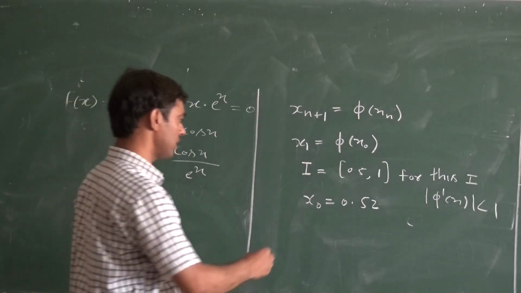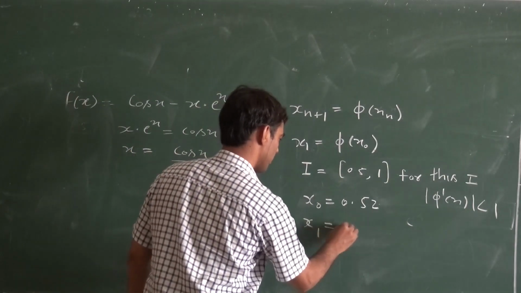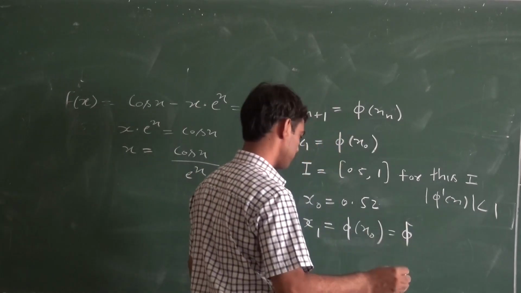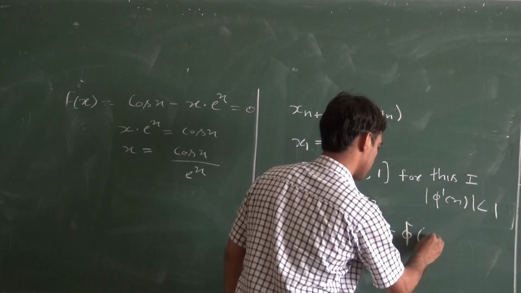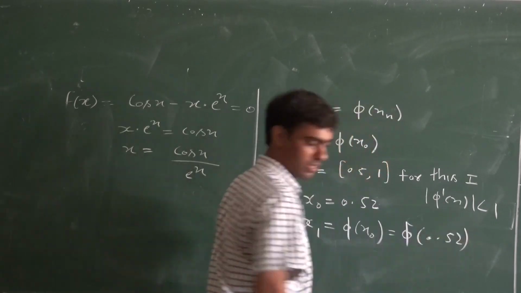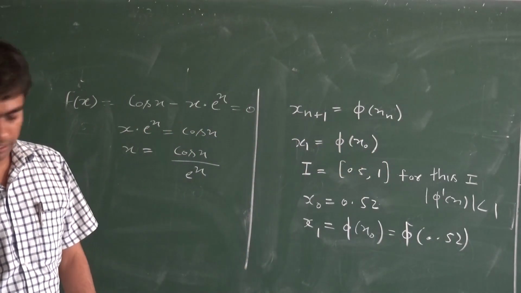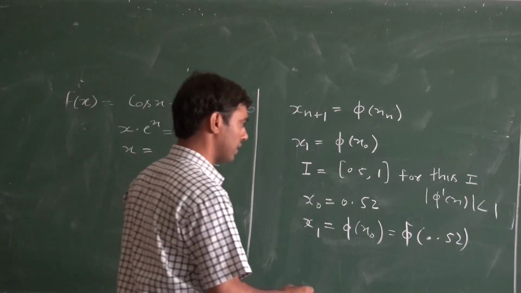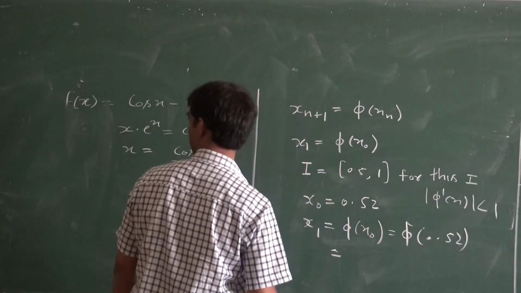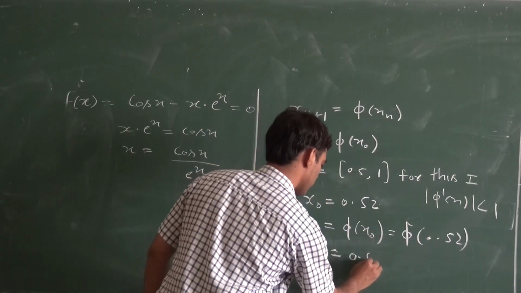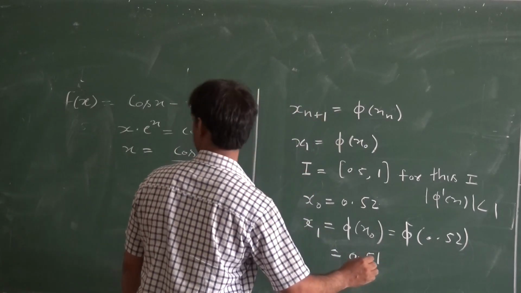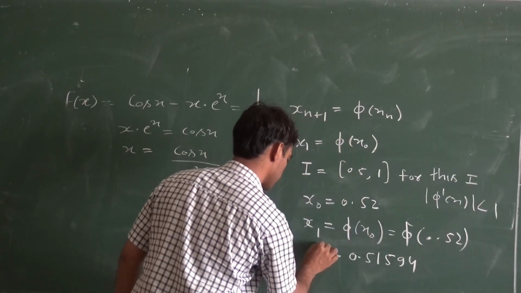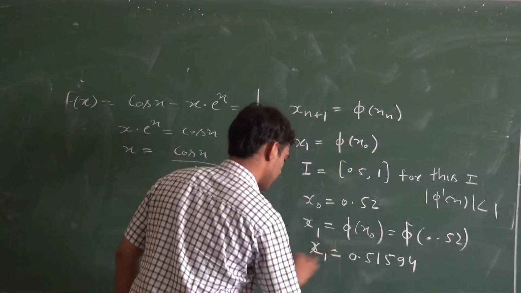Now what is the value of x1? x1 equals φ(x0), which means φ(0.52). This equals 0.51594. This is the value for x1.